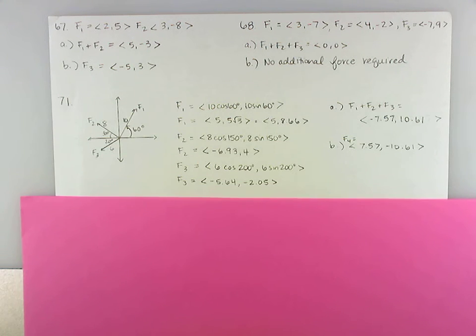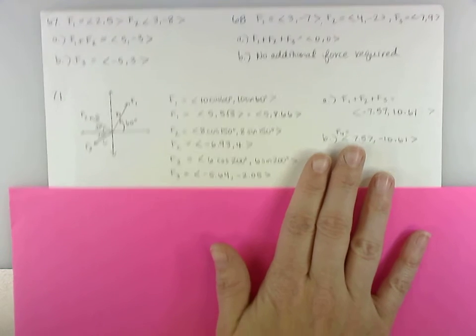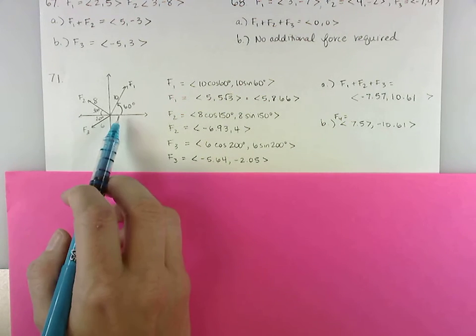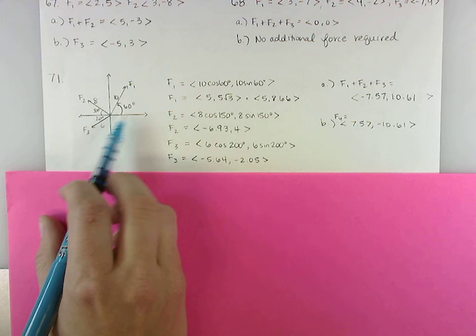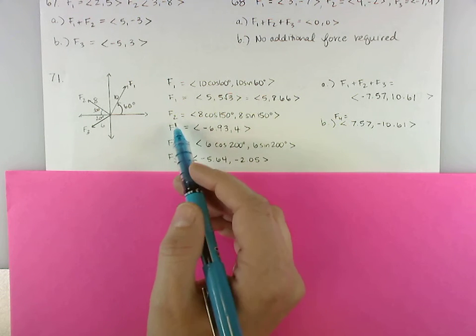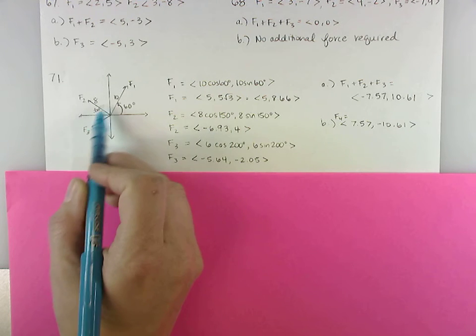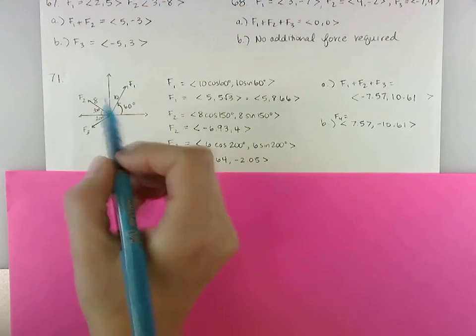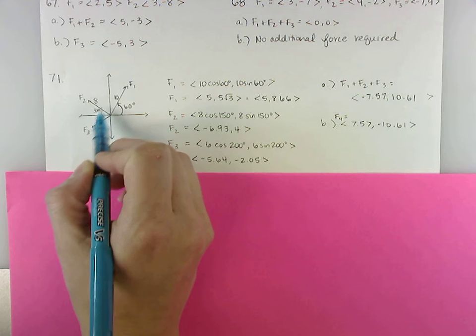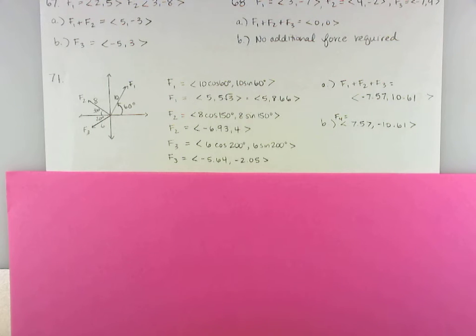Okay, and then 71, you had to do your vectors, so you had to find your vectors. So remember that for these, you are starting at your terminal side as theta. So like for force 2, you're going to have to use the 150 degrees. So you're going to start here, and if this is 30, you can just do 180 minus 30 to get your 150.